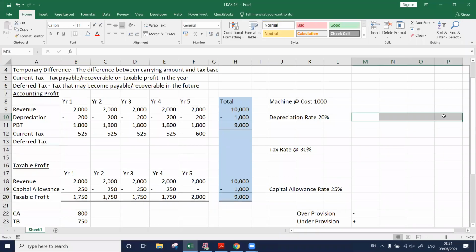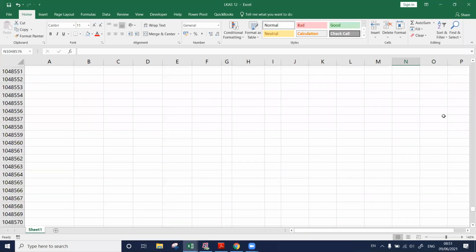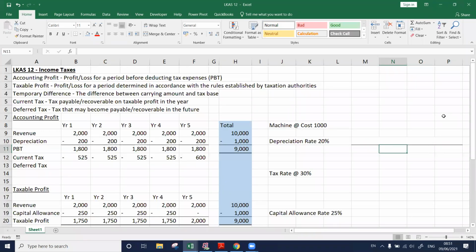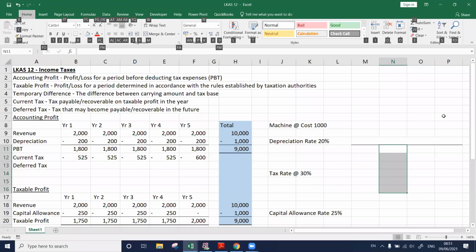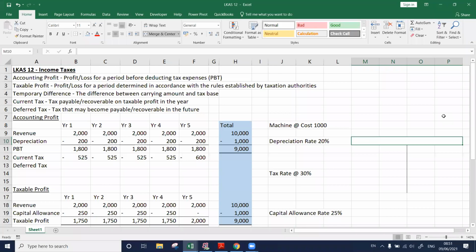It means we may need to have a deferred tax liability account as a result of this. Now tell me, at the end of year 1, what is the deferred tax expense we need to recognize?